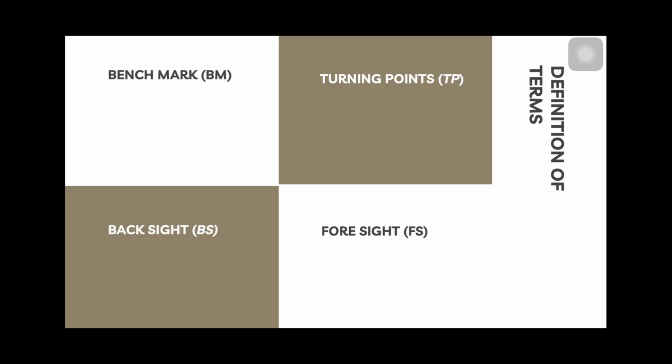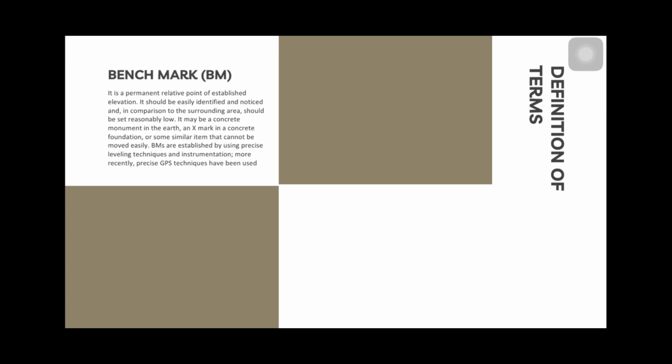Okay, class, before we start solving problems in differential leveling, we need to understand some important terms. These are benchmark, turning point, backsight, and foresight. Let's begin with the benchmark or BM.